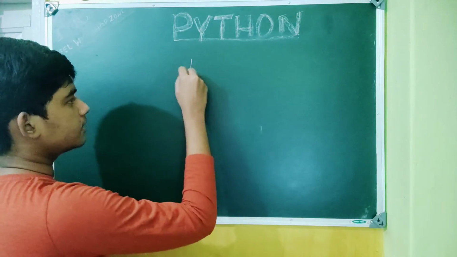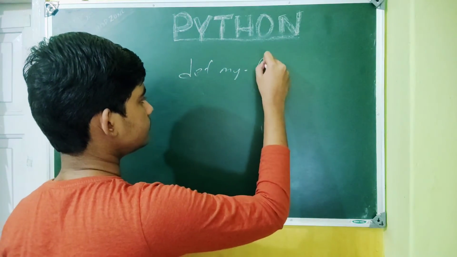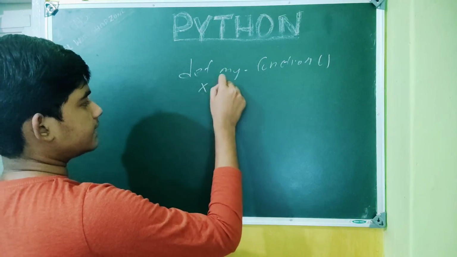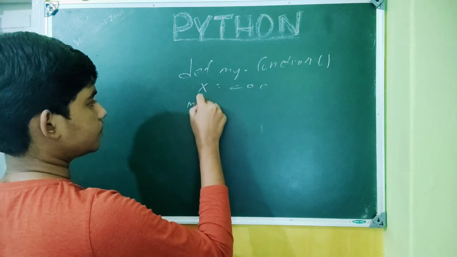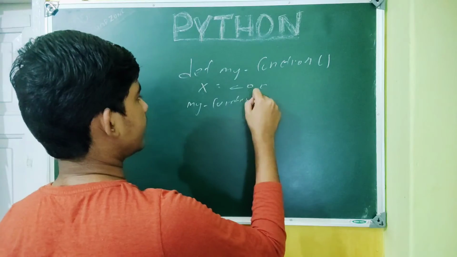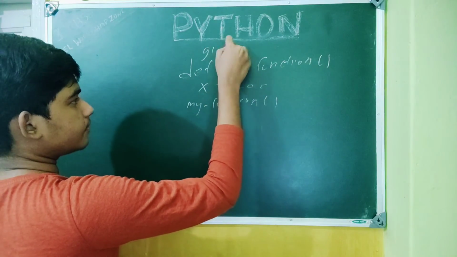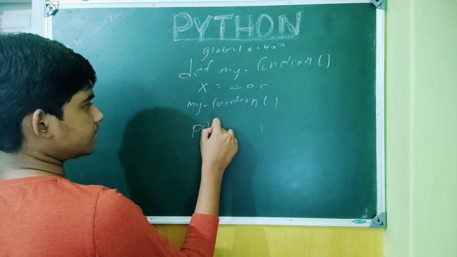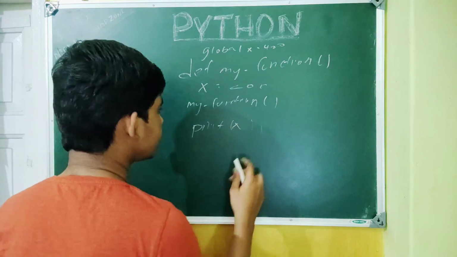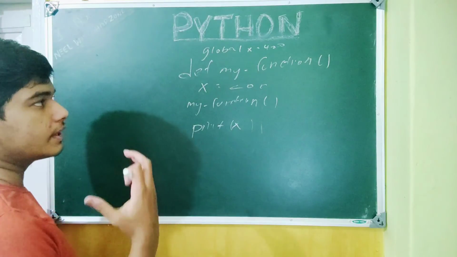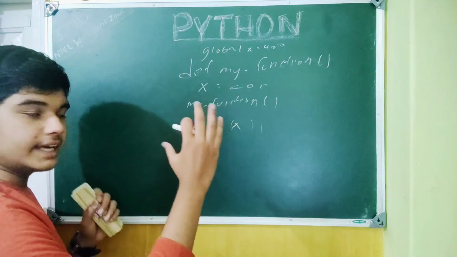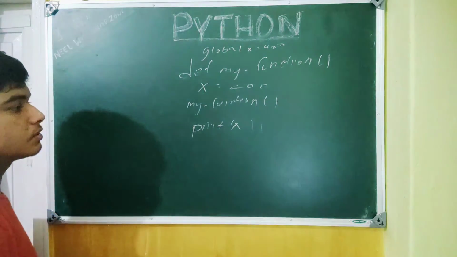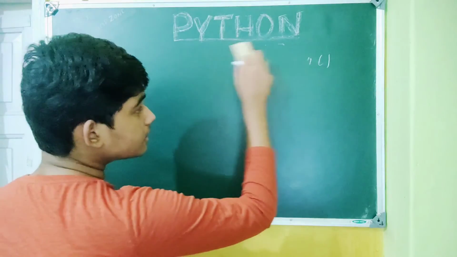So for example, let's write my_function, and let's write x is equal to 200, and you close the function. And now let's say on the top you wrote global x is equal to 400, and somewhere here you print x. Now the answer will be 200 and 400. So with the global keyword, it will consider x as two different variables which are not related.